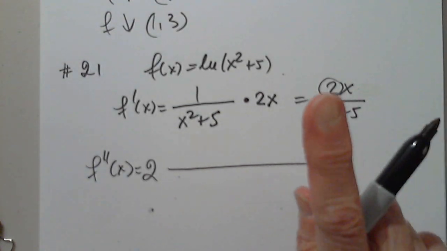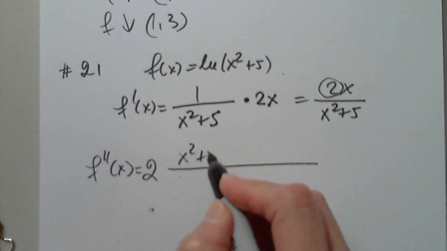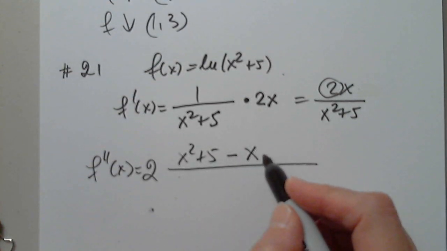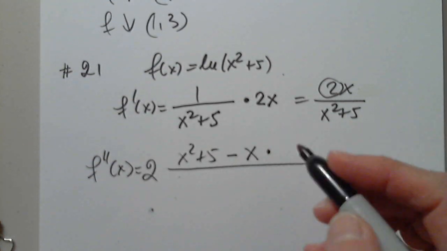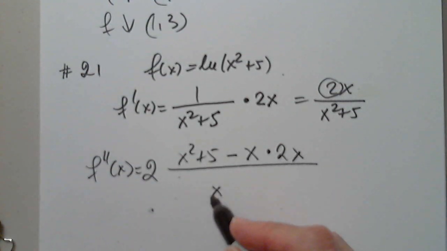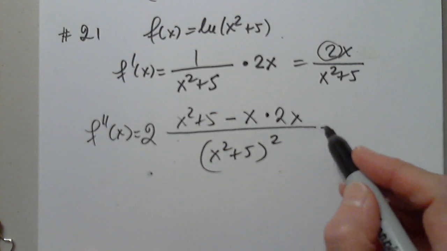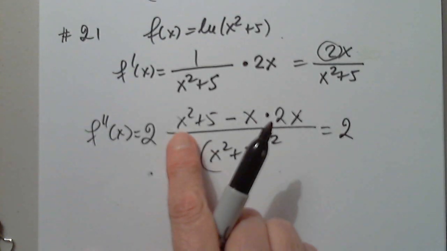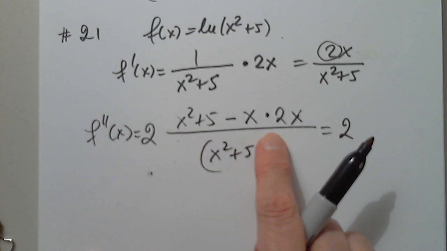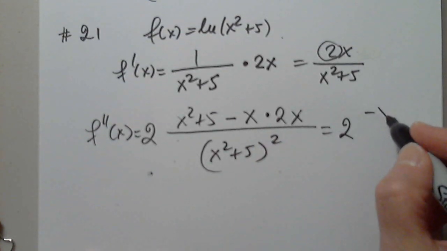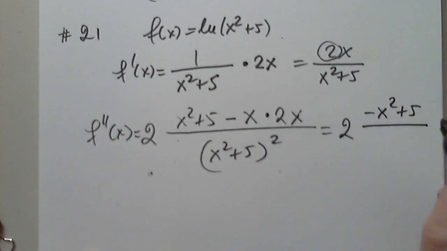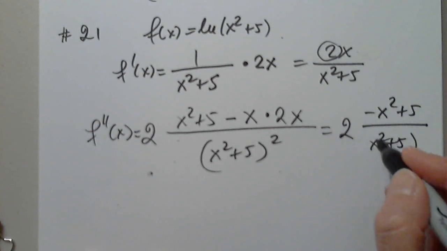Top function prime is 1 times the denominator minus the top times the denominator prime, which is 2x, over x squared plus 5 squared. x squared plus 5 minus 2x squared. So it's negative x squared plus 5 over x squared plus 5 squared.